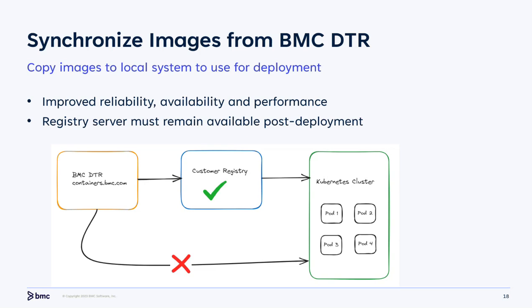And for whatever reason, maybe the node is restarted for maintenance, or you decide to restart or delete a pod. That pod may get recreated on another node. And if that node has not previously run that container, it will need to fetch the image from the registry server again. So you should treat the registry server as a critical part of the infrastructure.